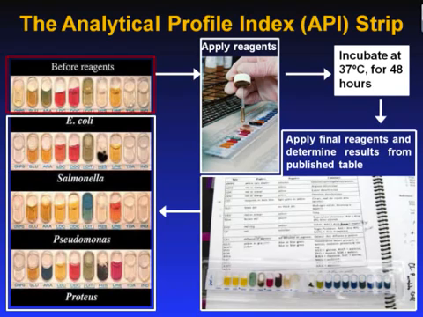Some of the cupules' contents change color due to pH differences. Others contain end products that have to be identified using additional reagents. Interpretation of the 20 reactions, in addition to the oxidase reaction, which is done separately, is converted to a 7-digit code. The technician can then look up the code in a manual that has the names of bacterial species associated with each 7-digit code.